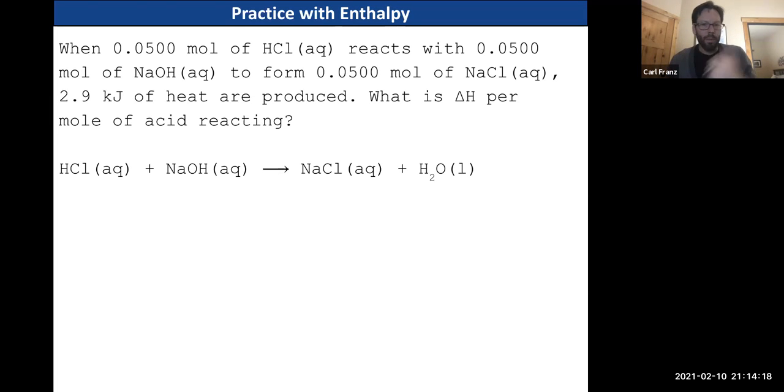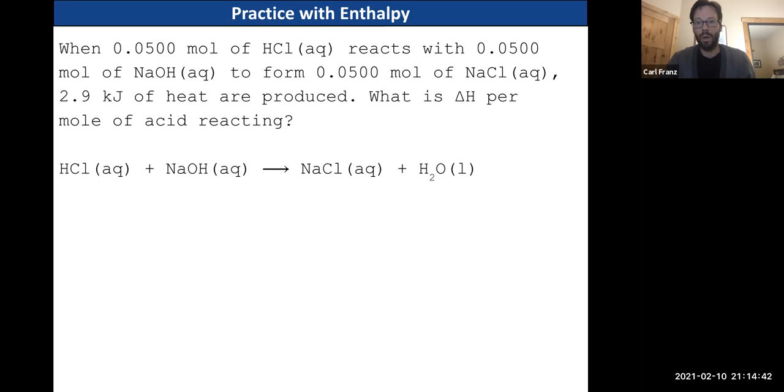And so here's a problem with enthalpy. 0.05 moles of hydrochloric acid reacts with 0.05 moles of sodium hydroxide to form 0.05 moles of sodium chloride. And they give you 2.9 kilojoules of heat are produced.